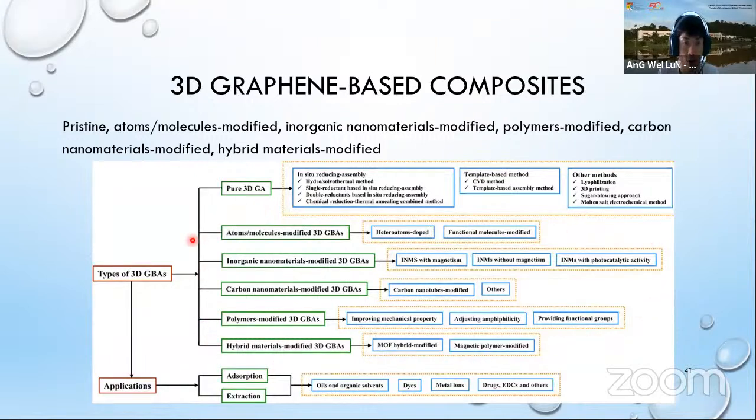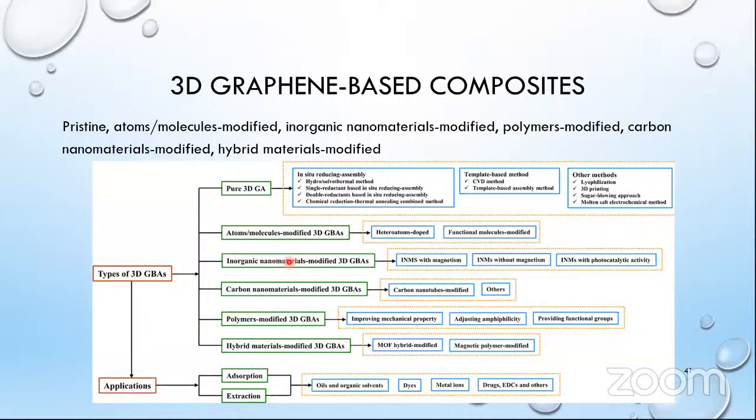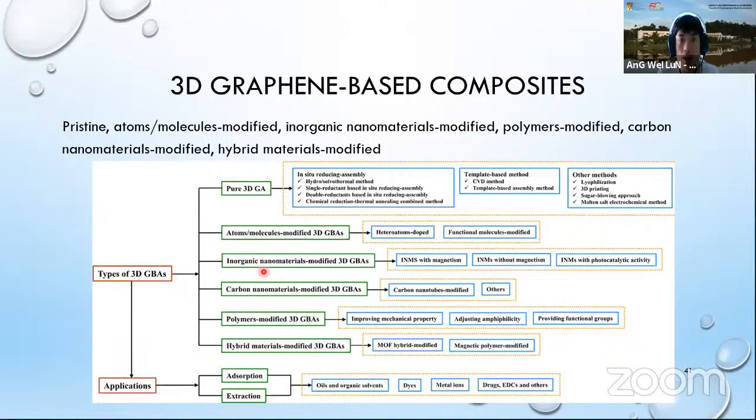Okay, so you can combine the graphene with other nanomaterials, with other inorganic nanomaterials, and then we can combine with other carbon nanomaterials such as carbon nanotubes with the 3D graphene.